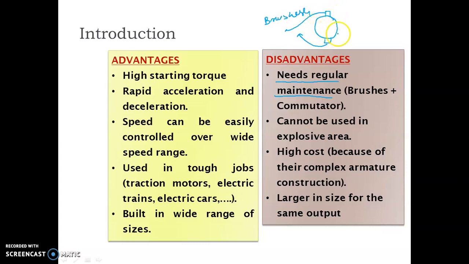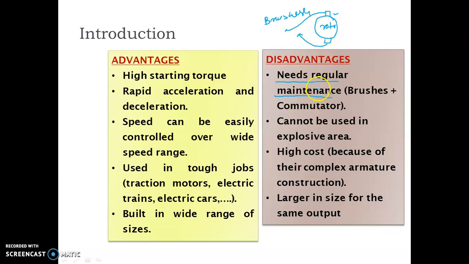When the rotor rotates, the brush, placed in contact with the rotor, rubs, and its thickness goes down, so we need to change it frequently. This is the biggest drawback of DC machines.